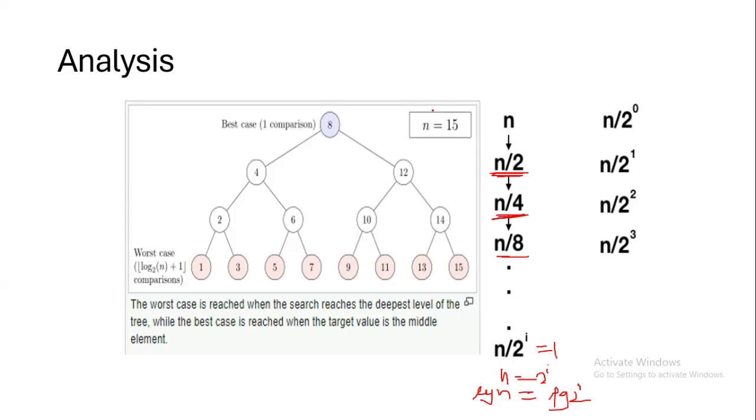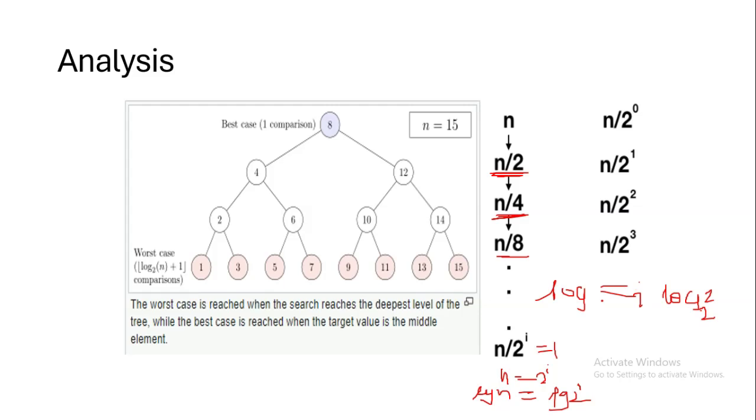Now we get log of n equal to i into log of 2, to the base 2, because we are taking the log to the base 2 of both sides.